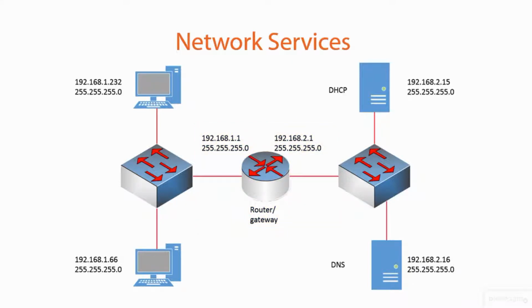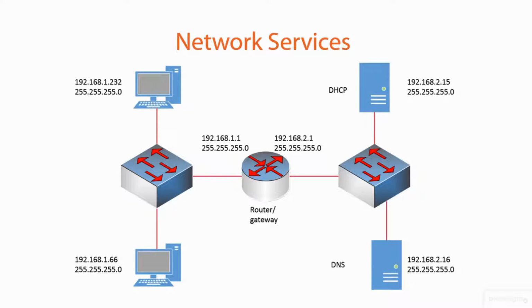So the .232 and the .66 machines have 192.168.1.1 as their default gateway, and our .15 and .16 hosts are using 2.1. All right? So the great benefit there is if 232 wants to communicate with .66, the local host is going to take its 24-bit mask and compare the network ID from one to the other.